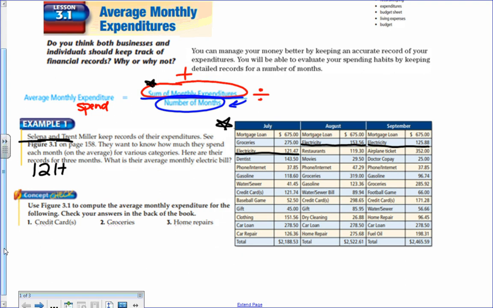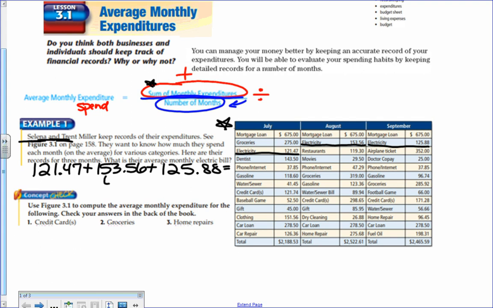So 121.47 plus 153.56 plus 125.88. I'm going to add those three items together. Go ahead and you guys can do this with me with your calculators. So 121.47 plus 153.56 plus 125.88.